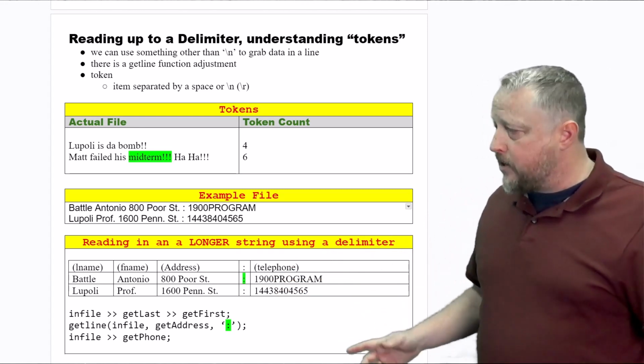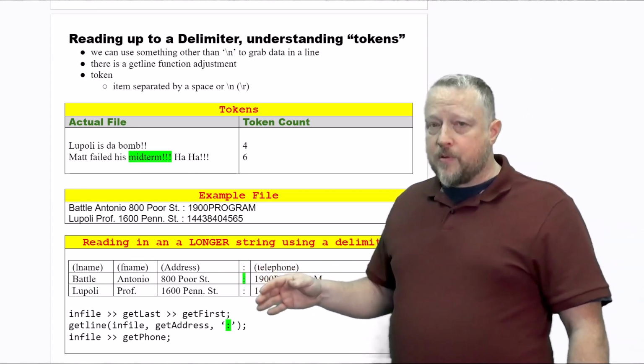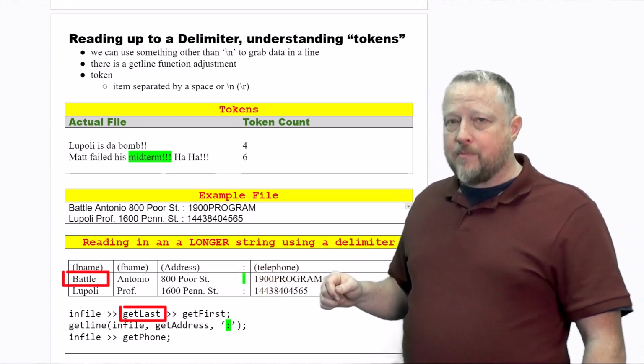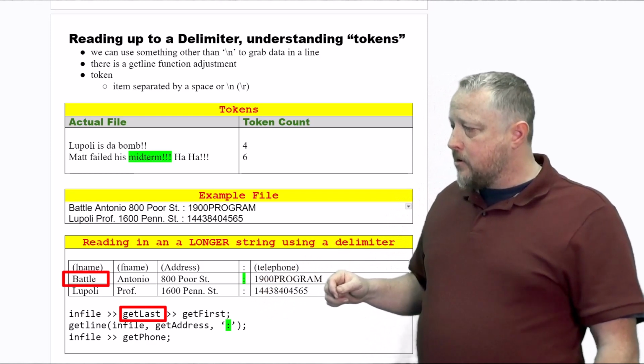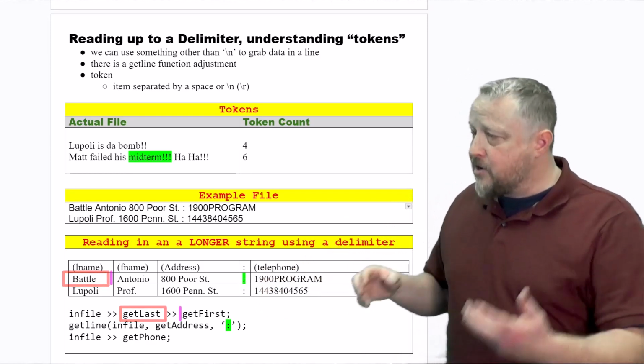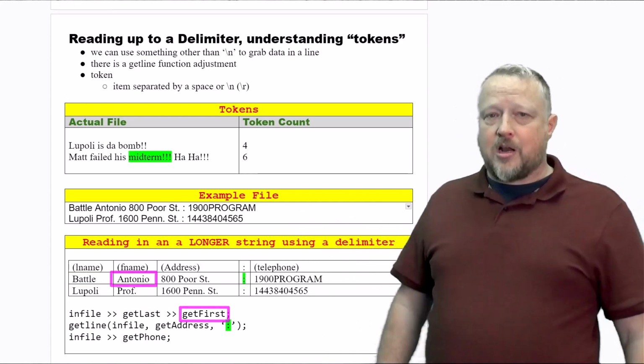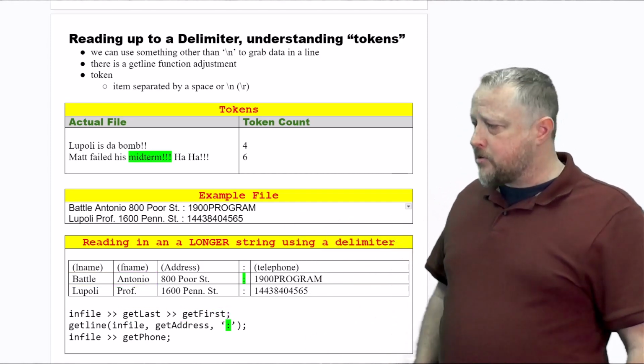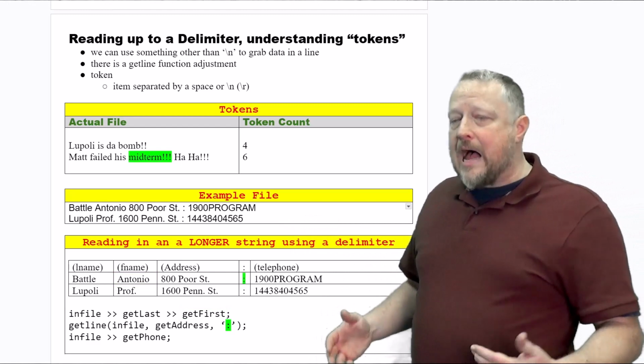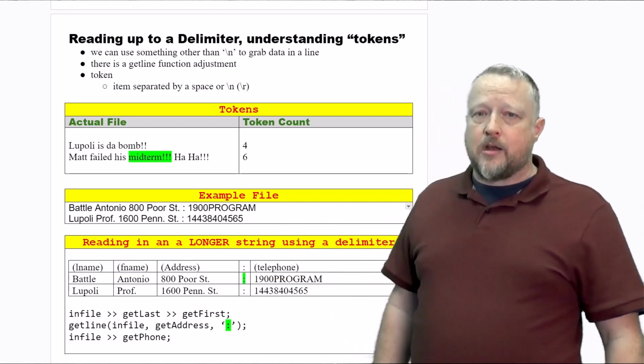So I'm going to do that, real easy. First line's pretty easy. You know I'm going to grab the last name, so that's being circled with Battle. Then I'm going to get the first name because they're 2 distinct tokens. We're good so far. Address is going to be the next issue. That's a lot of tokens. If I want to grab a lot of tokens, I'm going to use getline.